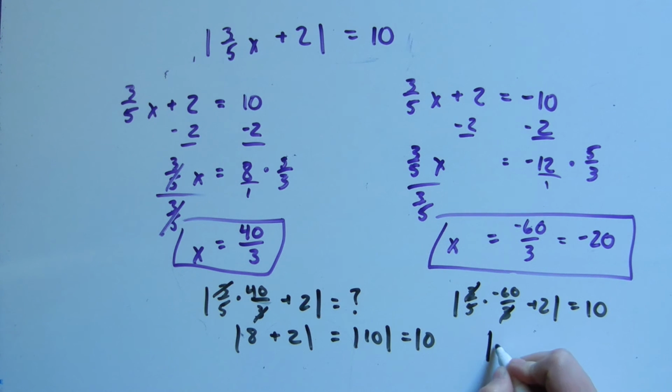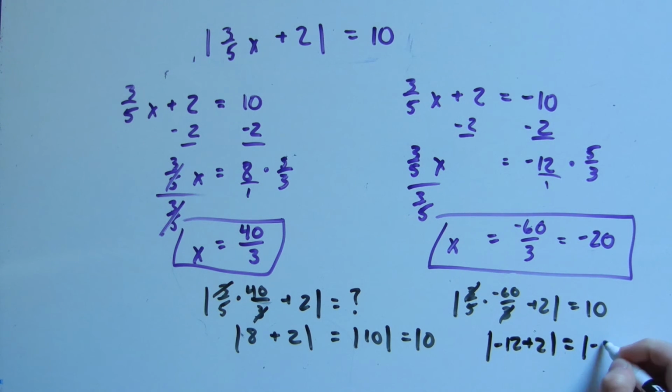So we have the absolute value of negative 12 plus 2. Negative 12 plus 2 is a negative 10. We know the absolute value of negative 10 is 10 because it's that distance of 10 away from 0. So both of our answers check out. And that is how you solve for your variable when you have an absolute value in your equation.